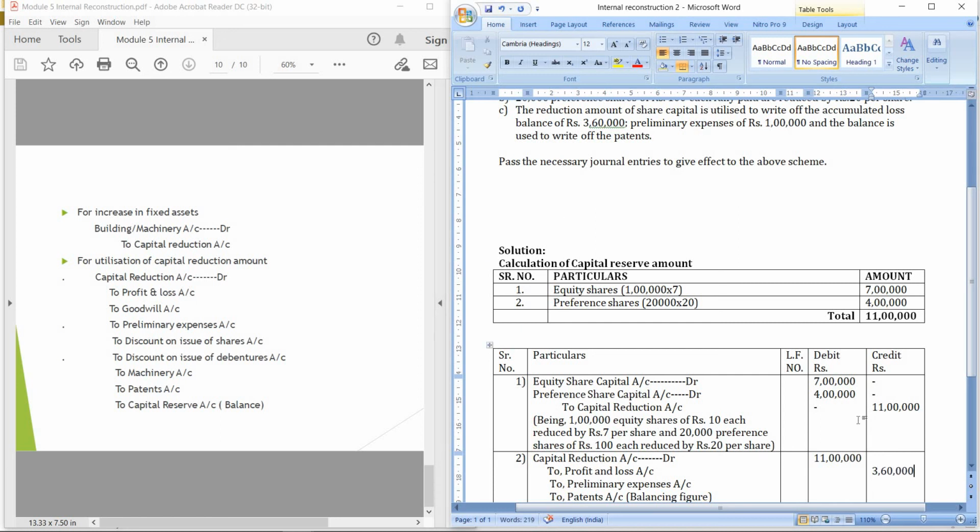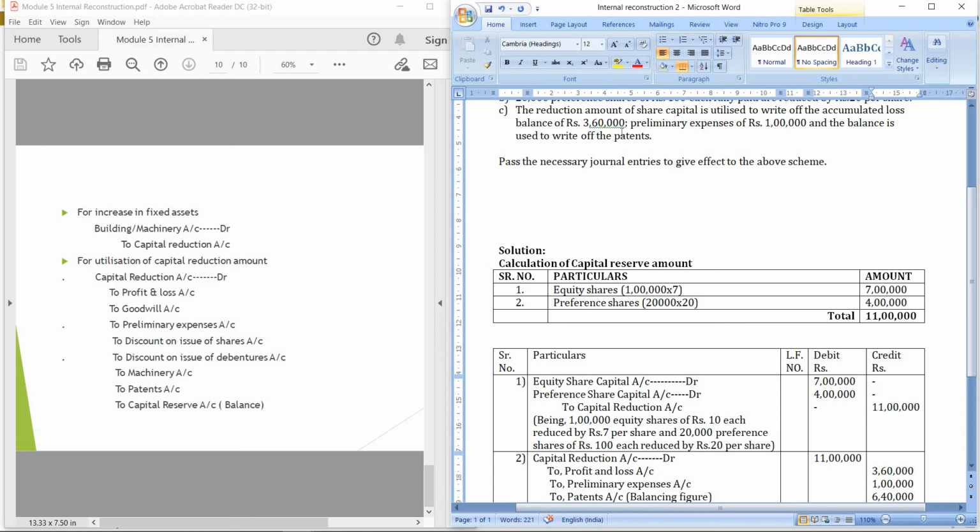Next you have to write off preliminary expenses. So to preliminary expenses account, amount is 1 lakh. And finally, if there is a balance, that is to be used to write off patents. From 11 lakhs, if you minus 3,60,000 and minus 1 lakh, that will amount to 6,40,000. So 6,40,000 will be used to write off the patents.